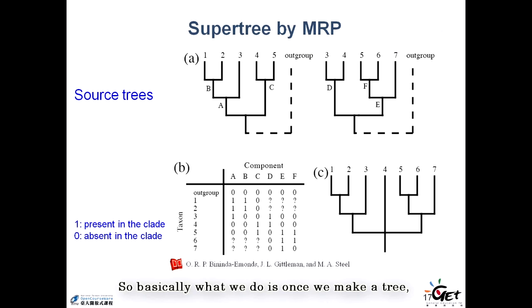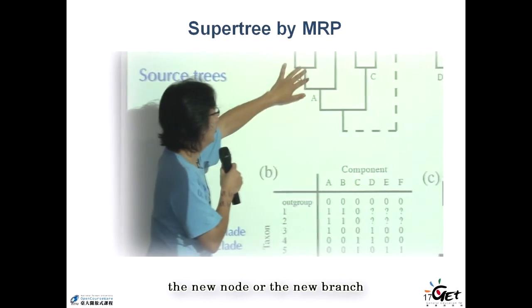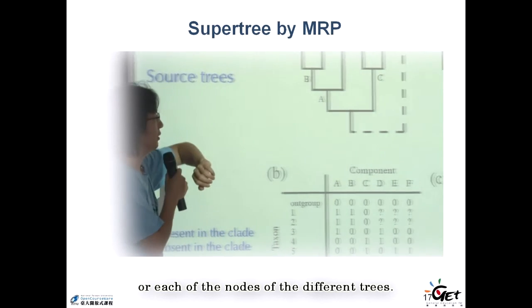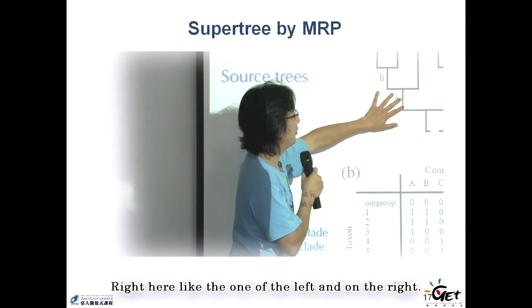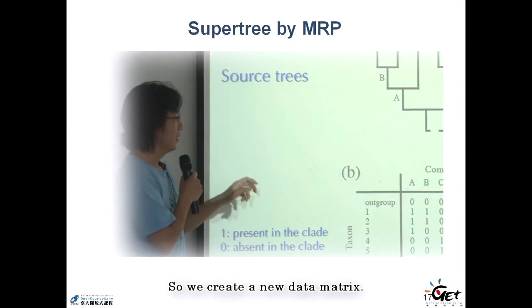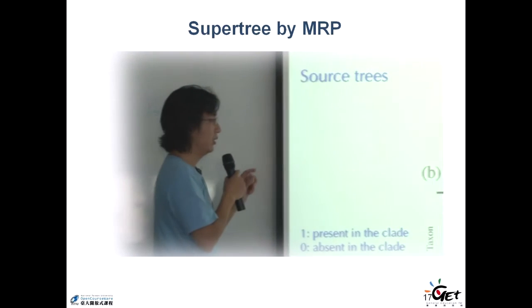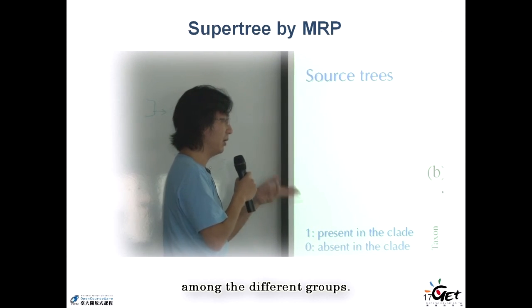Basically, once we make a tree, we don't worry about the original matrix anymore, and we have to identify each of the nodes or branches of the different trees right here, like the one on the left and on the right. So we create a new data matrix. This data matrix has new components to let us visualize the relationship among the different groups.